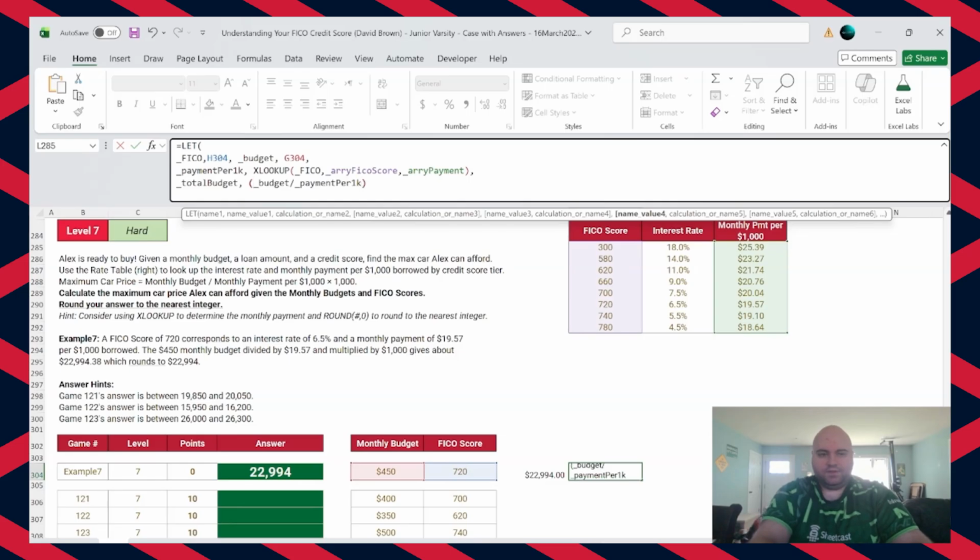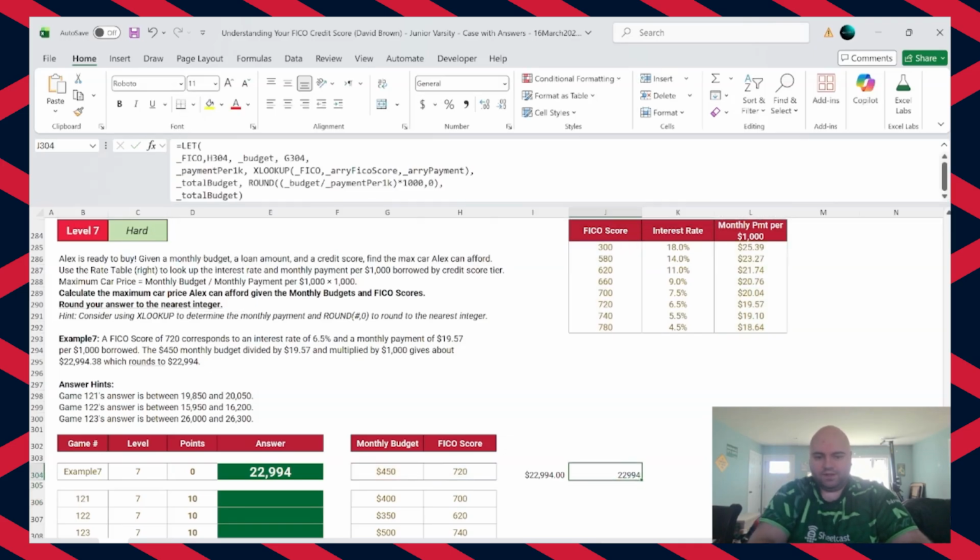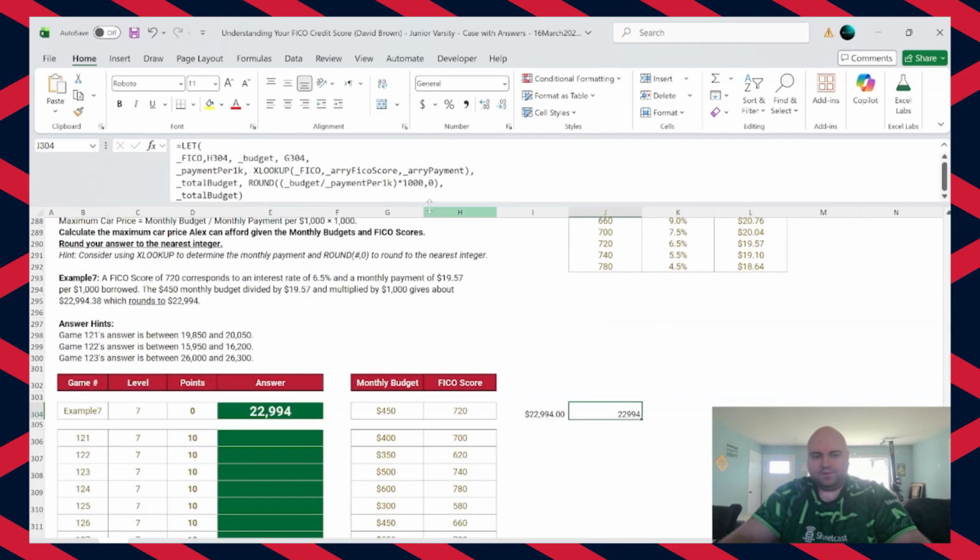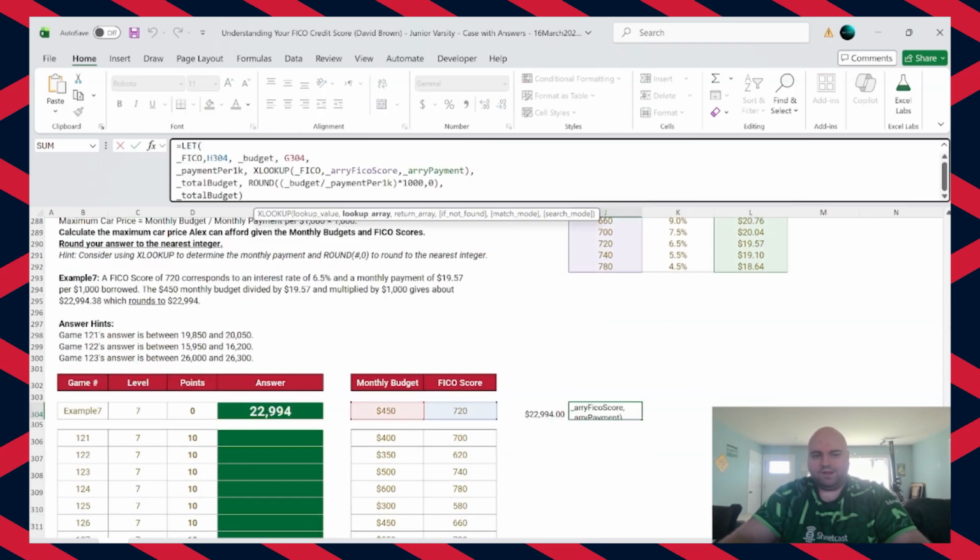And of course, we're going to multiply it by 1,000 and then round it. Round, take that, comma 0. And that's our answer, so I'll just return total budget there. Of course, this is the answer, but this is just demonstrating best practices with LET.